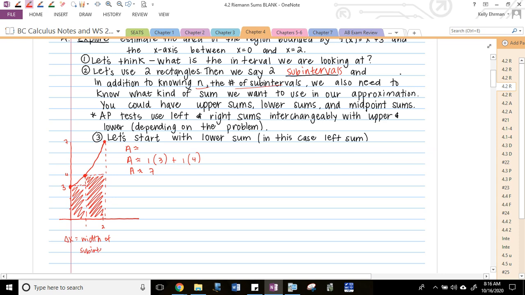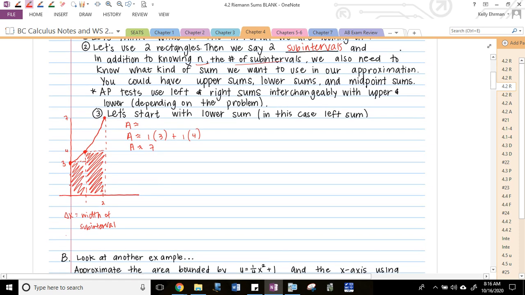Remember, subintervals where we have 2 rectangles. And so delta x can always be found by just saying, in this case, it was like 1 minus 0, and we had 2 minus 1. So you're just finding the change in the x values.